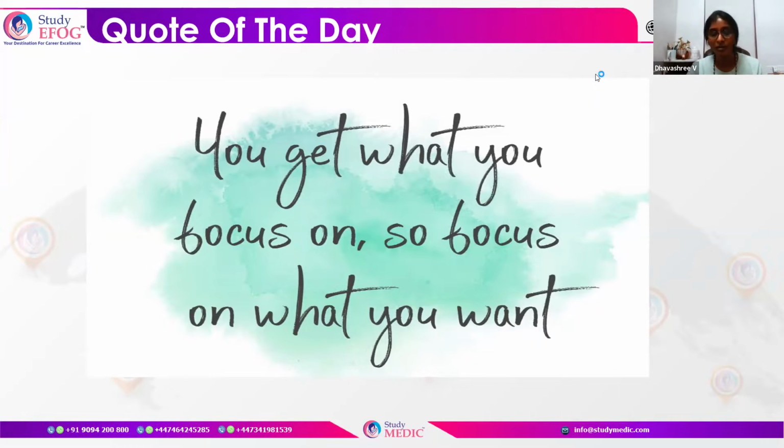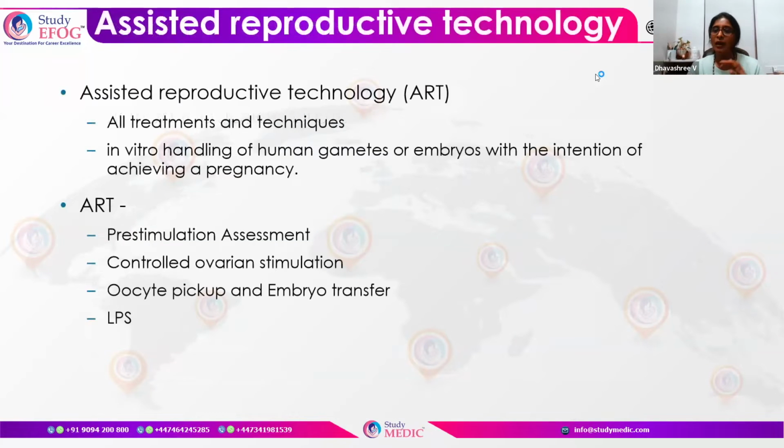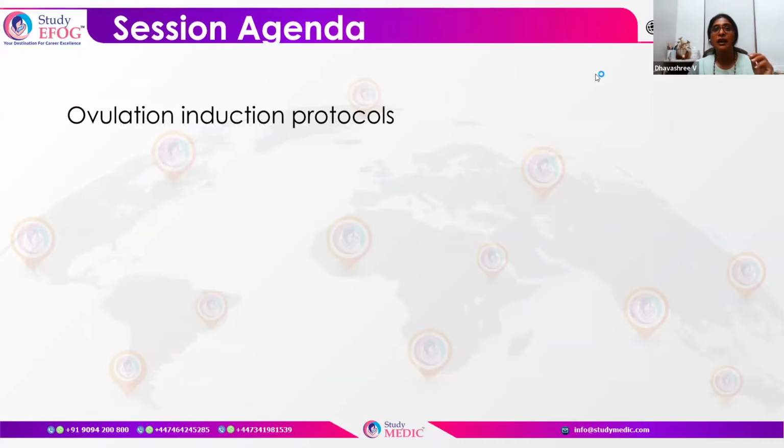The session agenda is ovulation stimulation protocols. What is the difference between ovulation induction and controlled ovarian stimulation? Ovulation induction is when, in a woman with anovulation, we give drugs that stimulate the ovaries to produce one or two eggs that can cause ovulation.